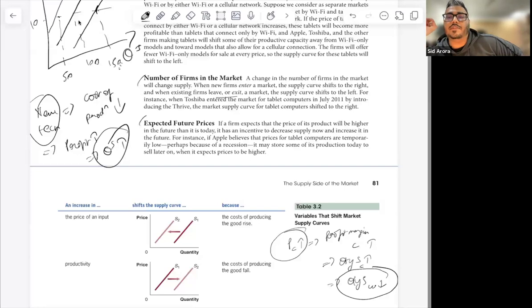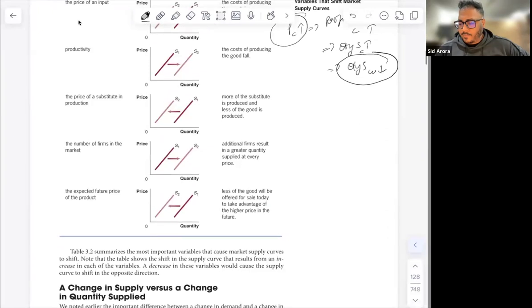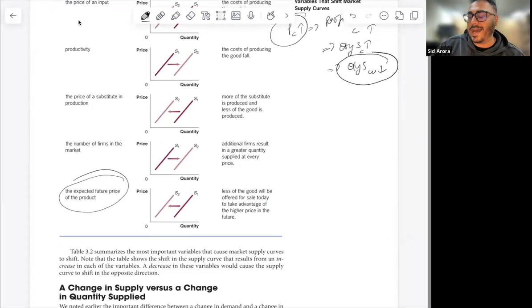Because if you expect the price in the future to be higher, then you would want to sell less today, save up more for the future when the price is higher, and sell more then, so you make more money in the future. So, sorry, you're expecting the price to be higher in the future.